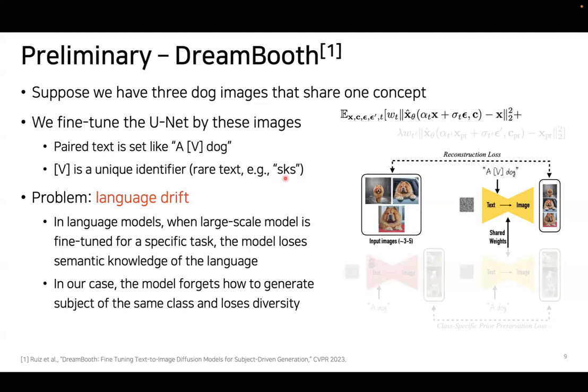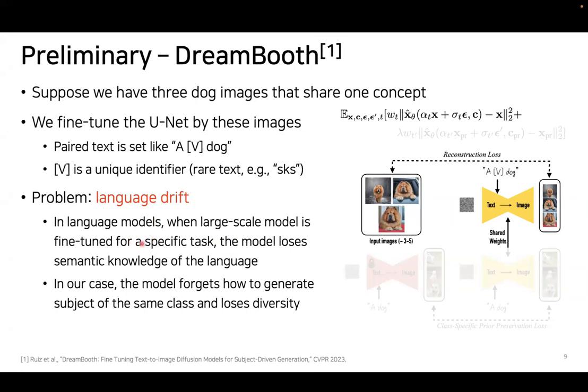Okay, but the problem is language drift. Language drift is like in language models, when a large-scale pre-trained model is fine-tuned for a specific task or a few specific images, the model tends to lose semantic knowledge or generalization of the language. That is the language drift problem from language models.